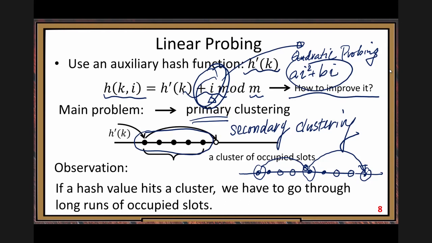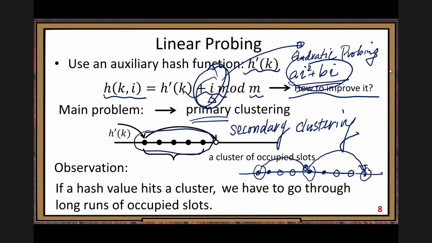So they're not an immediate cluster, but they form a potential cluster related to that quadratic function. If you apply the quadratic function, you will hit some indirect cluster.